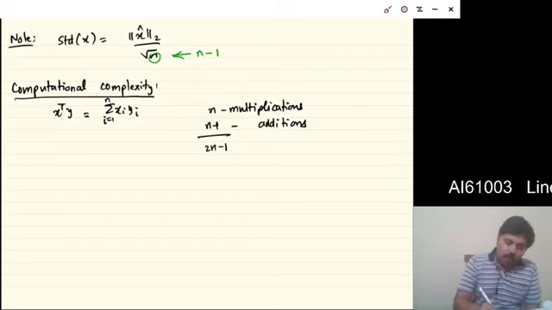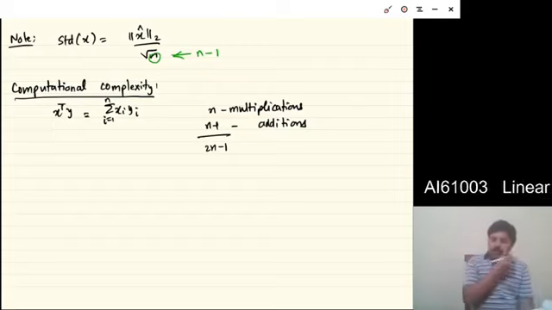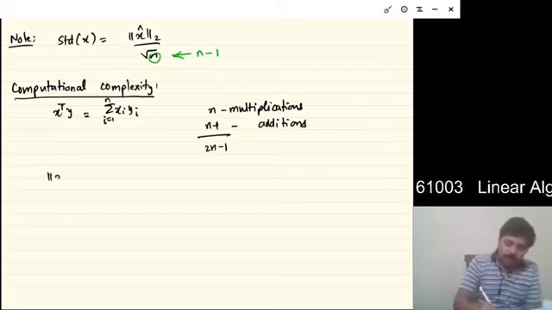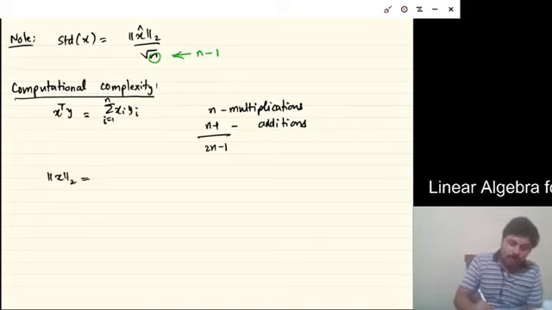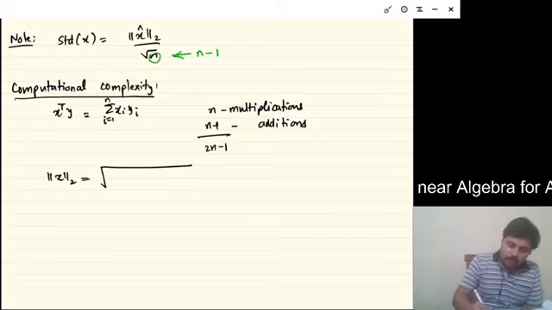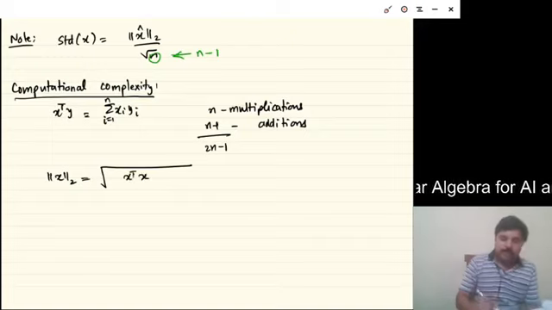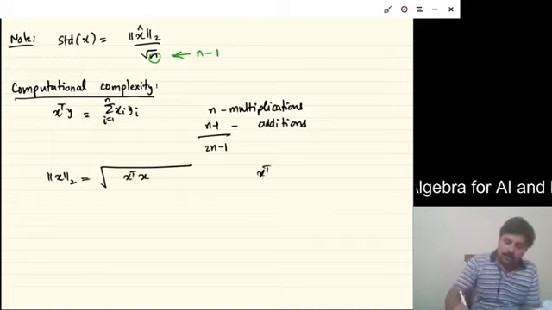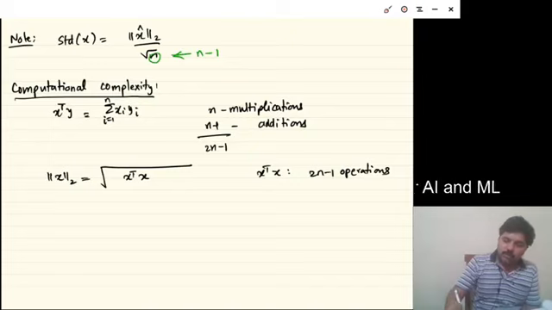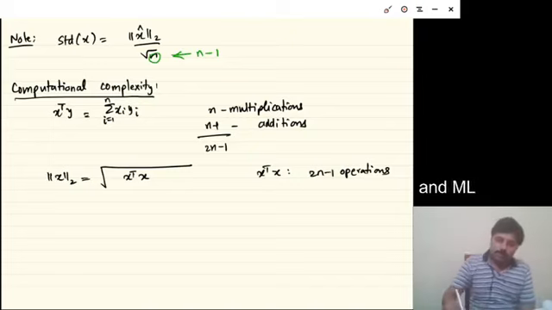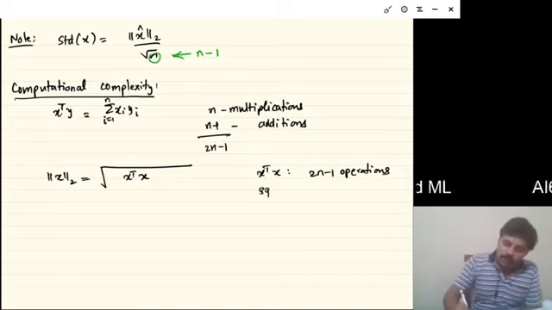So what is the computational complexity of evaluating the 2-norm of a vector x? You are taking the square root of x transpose x. How many operations does x transpose x require? Roughly 2n operations, 2n minus 1 to be precise. And then you take a square root.